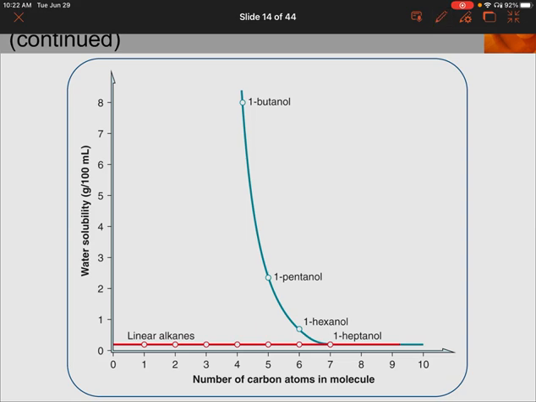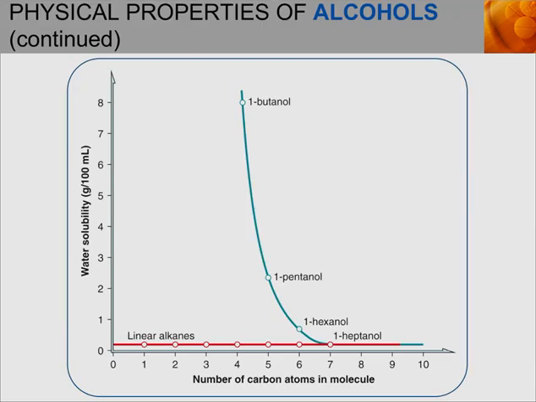Okay, so let's talk about another property here. So if you do have more and more carbon and hydrogen atoms bonded to your alcohol, then that's going to make the solubility of your alcohol decrease. So for instance, on this graph, we have the number of carbon atoms in the molecule on the x-axis.